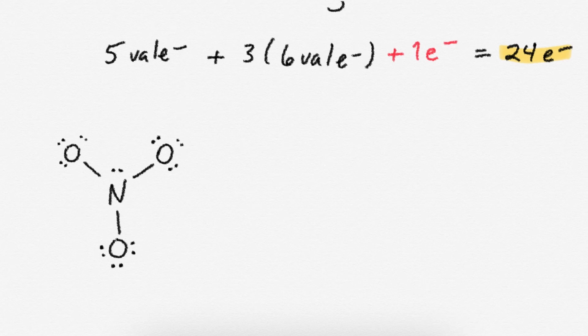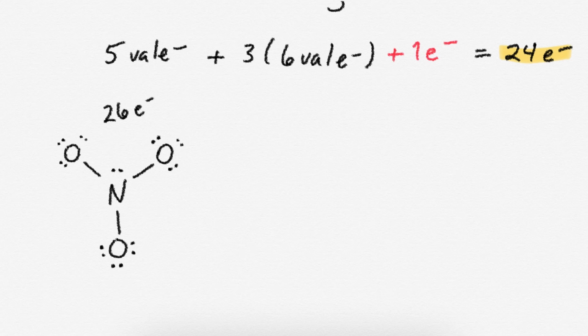Now we have to make sure that the total number of electrons in our structure will actually equal 24. So here we go. Remember, there's different ways of counting. I think the easiest way to do it is to count by the octet rule, which means then that this is 8, 16, 24, 26.